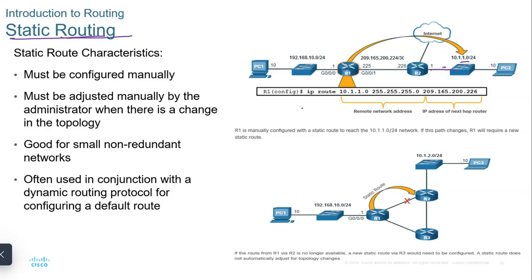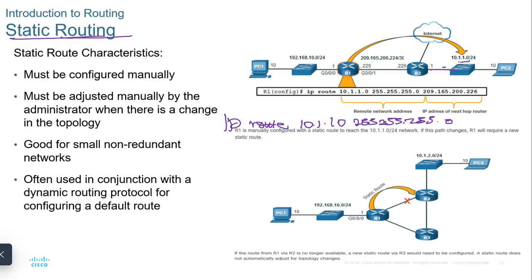To use static, as you can see, it's this network. So it's IP route, this network, which is 10.1.1.0. The subnet mask is 255.255.255.0. Then the next hop, we need the next hop for us to reach this network.